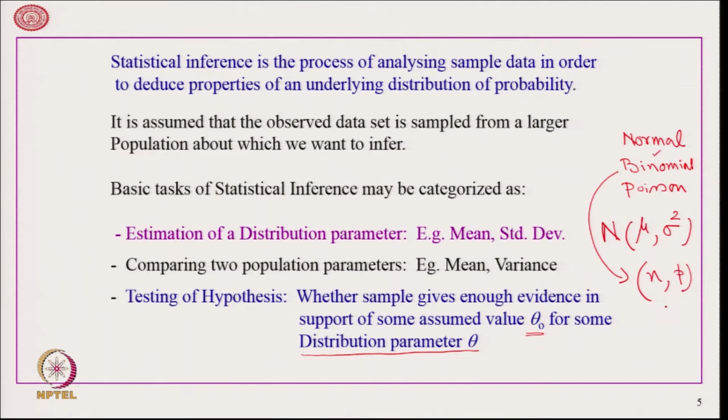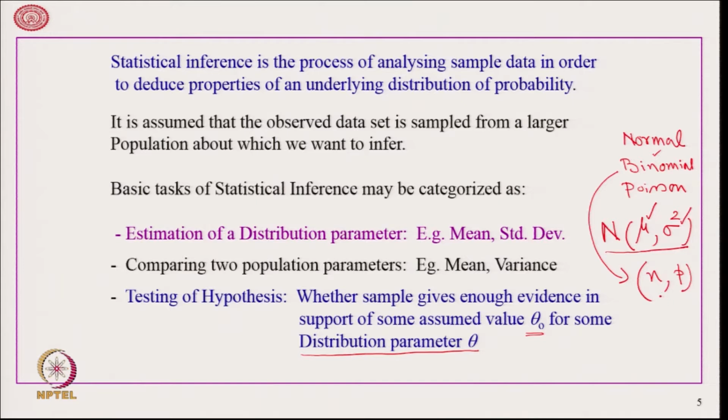Now, these are important parameters for a distribution, because if you look at them carefully, you will see that the mean and variance come from the distribution parameters. For example, for normal the mean is mu, variance is sigma square, and they are involved in the PDF of normal distribution as parameters.